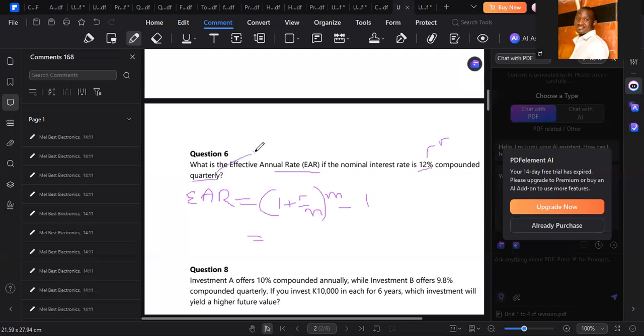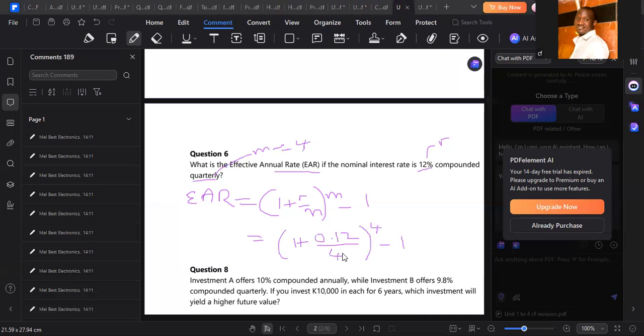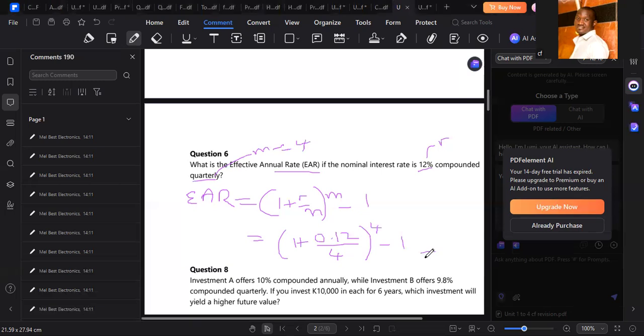Quarterly means our compounding is 4 times, so there's no aspect of time in there. So 12% over 4, to the power 4, minus 1. This shows you the real interest rate. What is our effective annual rate? It comes to 12.55%.